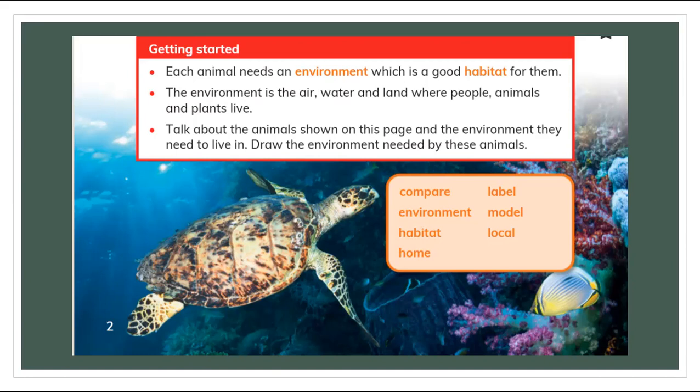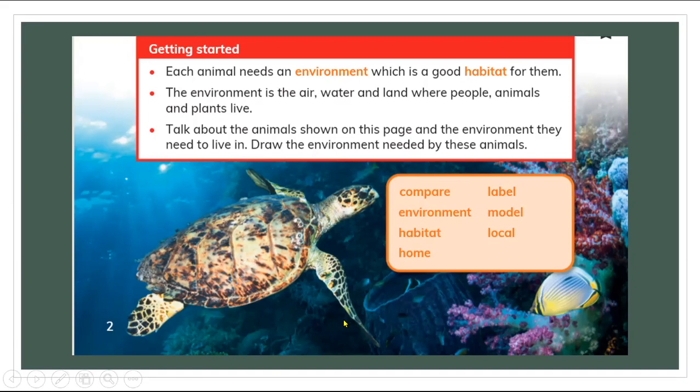So this is what we call environment, the place where you have everything, right? So you have to read well at home. We learn about the home of people, animals, and habitat.